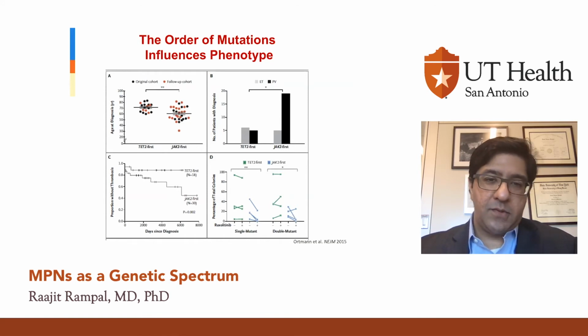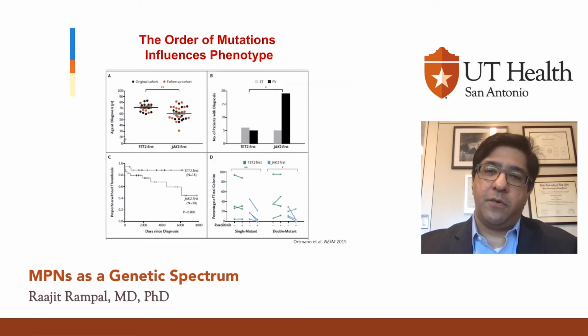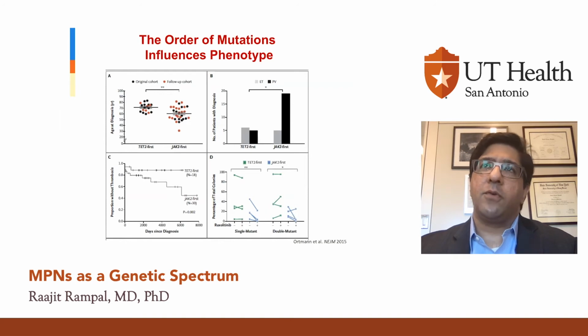And in this particular example, the presence of a TET2 mutation first was more common in patients with ET versus those who had a JAK2 mutation first, in which polycythemia was the more common phenotype. Again, making the argument that it's not only the specific mutations that co-occur, but also the order in which they occur.